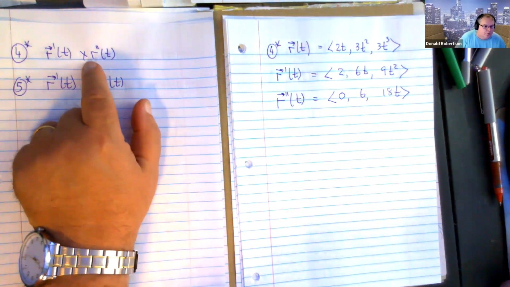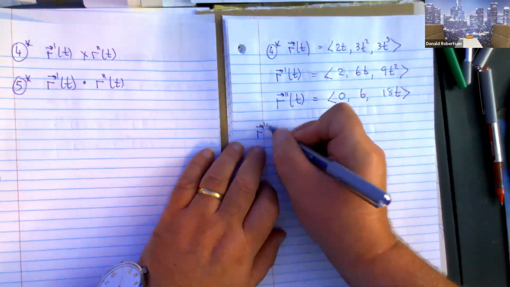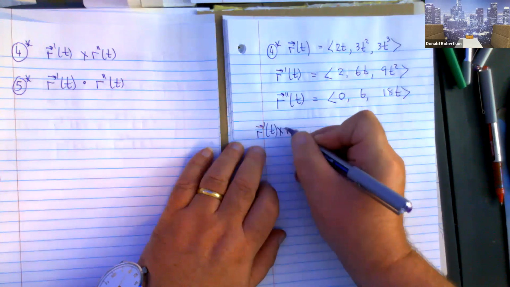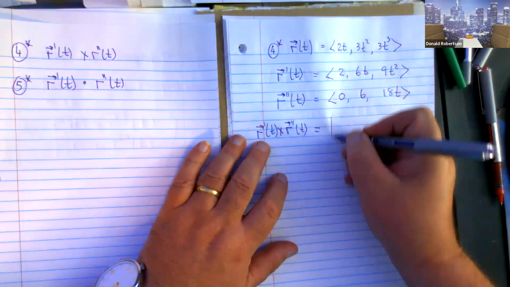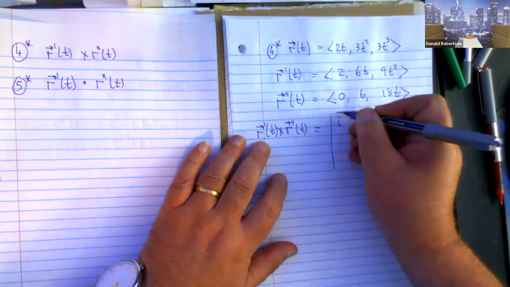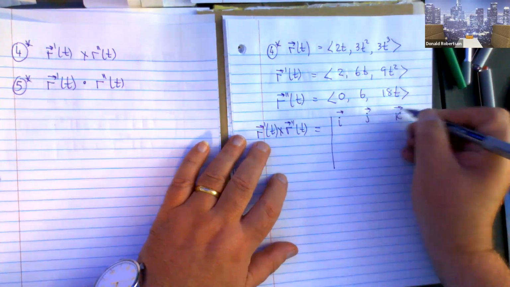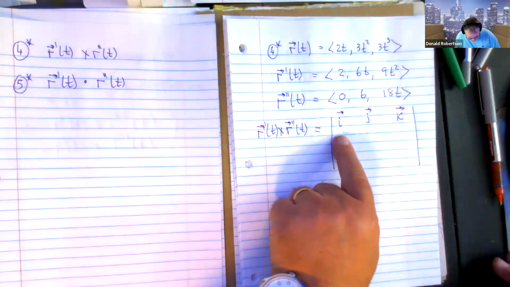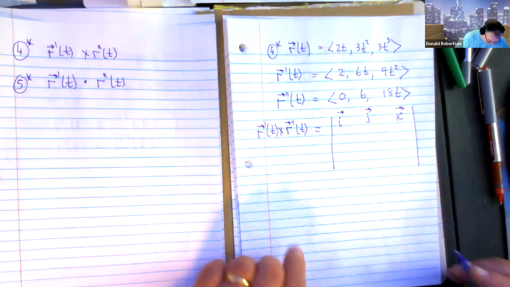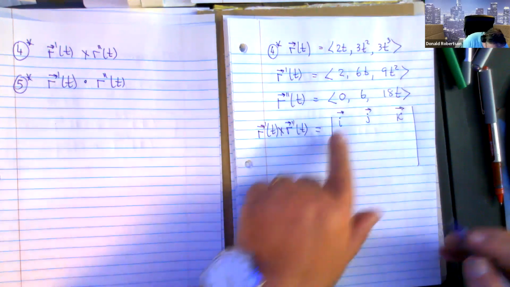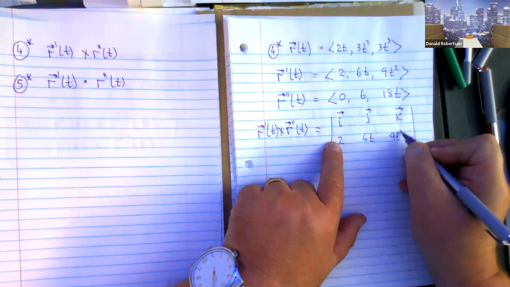Now, in question 4, they ask you to find this cross product. So if you take the first derivative and do a cross product with the second derivative, we set it up the exact same way we do all cross products. It's going to have an i, a j, and a k. The main difference is that these won't necessarily all be numbers. Some of these are definitely going to contain t's. So this row goes here, 2, 6t, 9t squared.